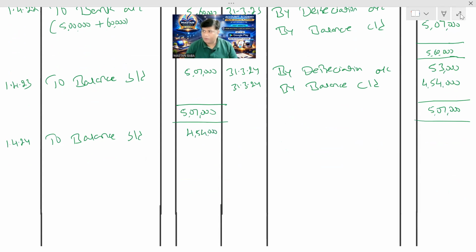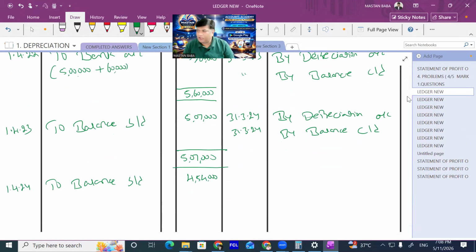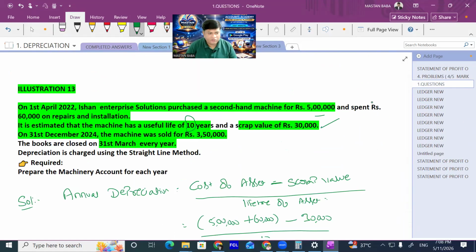Here be careful, because in this accounting year they sold the machinery, on 31st December 2024. Take this point: on 31st December 2024 they sold the machinery for 3.5 lakhs.